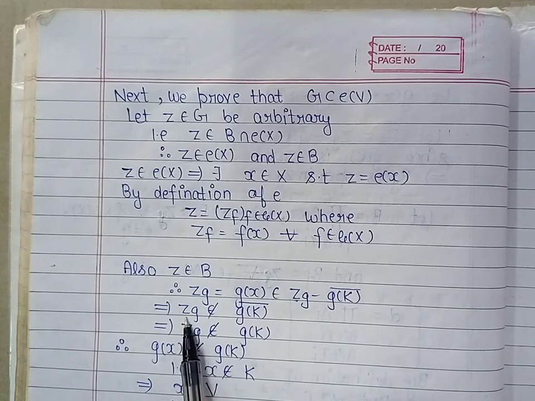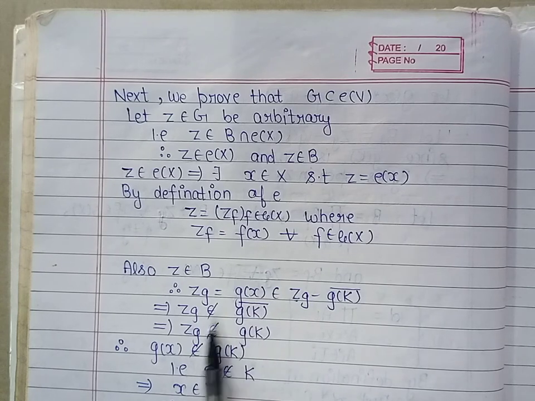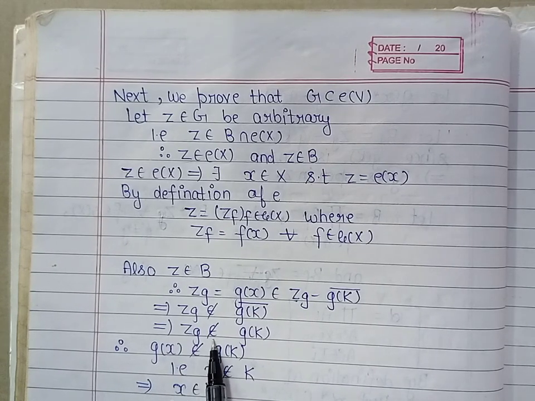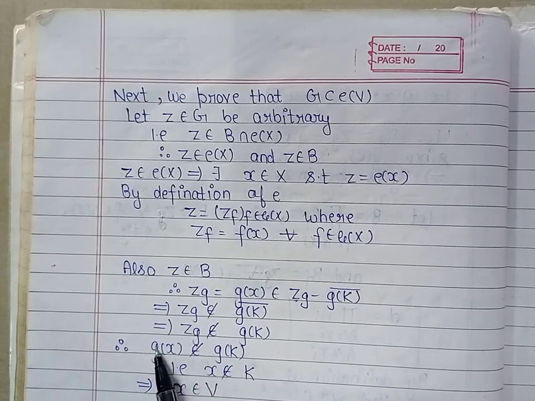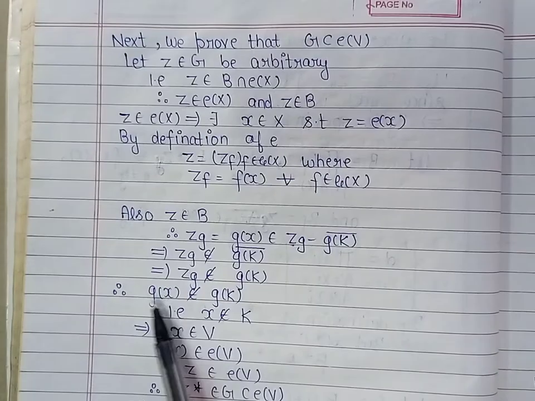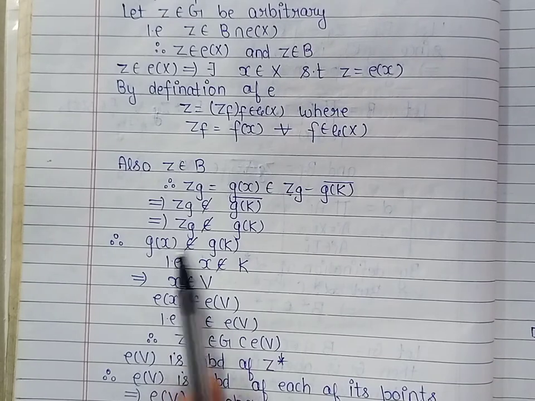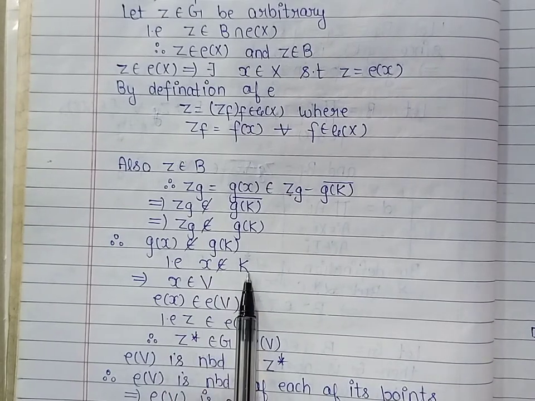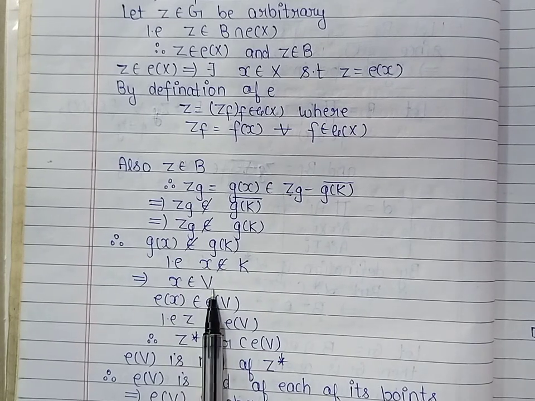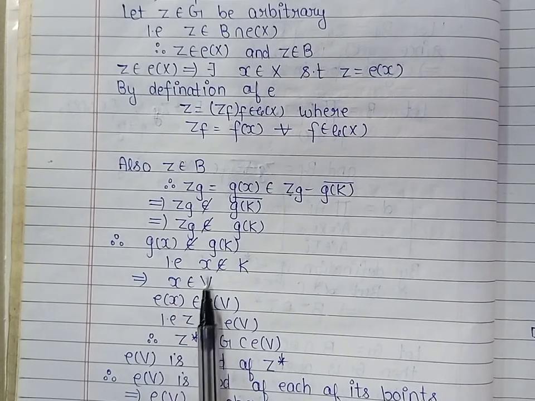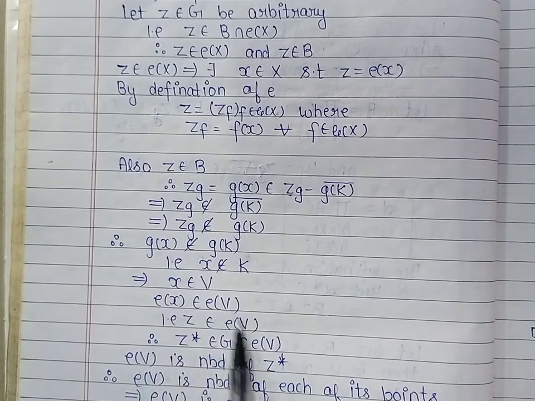It means Z_g does not belong to the closure of g(K). Now the closure of g(K) is closed, so we can say that Z_g does not belong to g(K), and Z_g is g of x, so we can say that g of x does not belong to g of K. So from here we can say that x doesn't belong to K. It means x belongs to the complement of K, it means x belongs to V, and therefore E of x belongs to E of V. Now E of x is Z, it means Z belongs to E of V.